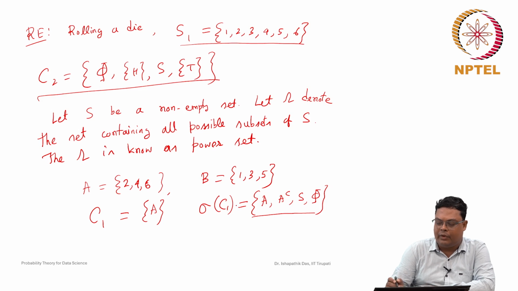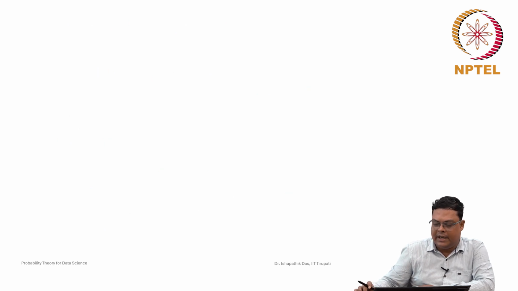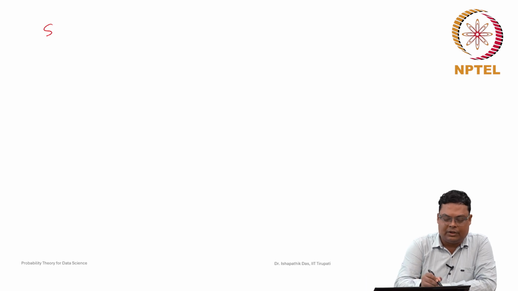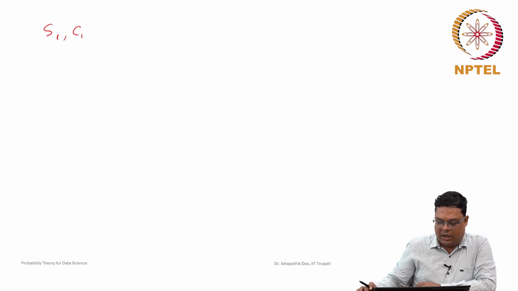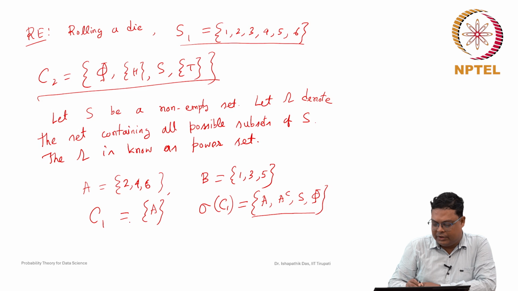Okay. Now we want to define, so there are two sample spaces. S1 is one set, and let us consider S1 and C1. Let us denote this sigma field as F1. F1 is the sigma field generated by this C1.